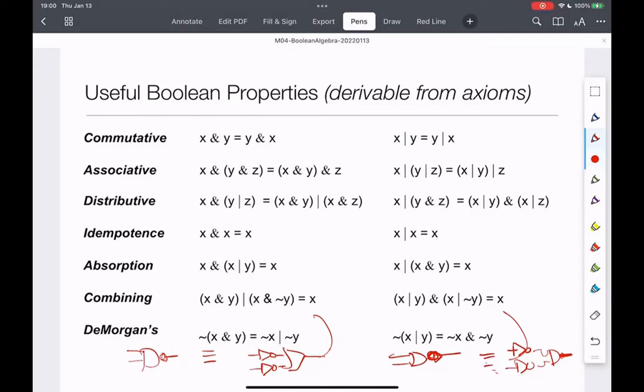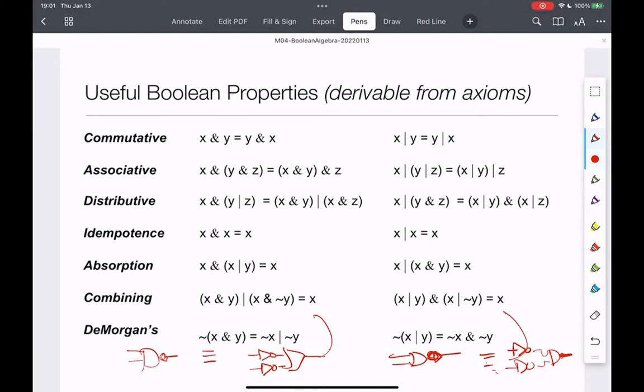And now this suggests something else. This says that using a NAND gate, I can implement an OR gate. Anyone see that at home? Remember previously I showed that using a NAND gate, I can implement a NOT gate, and using the NAND and the NOT, I can therefore implement an AND.